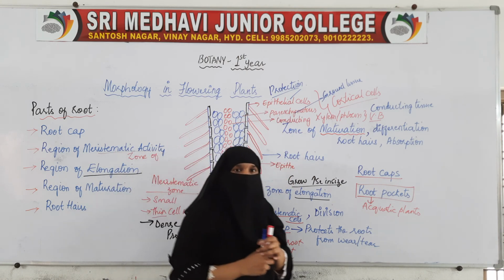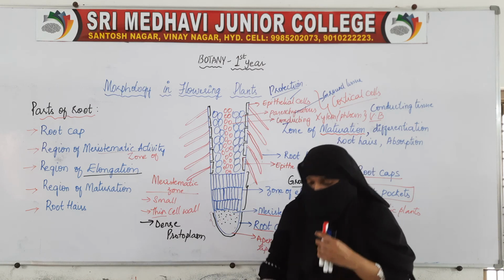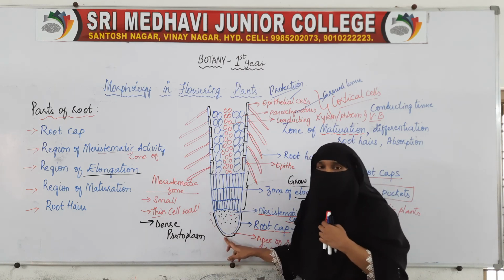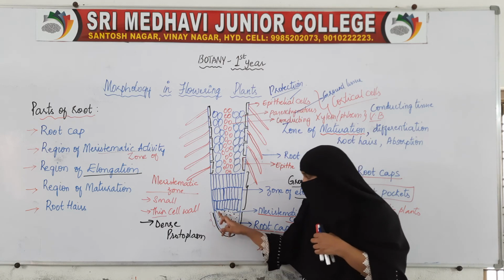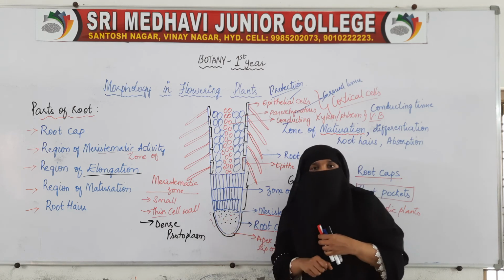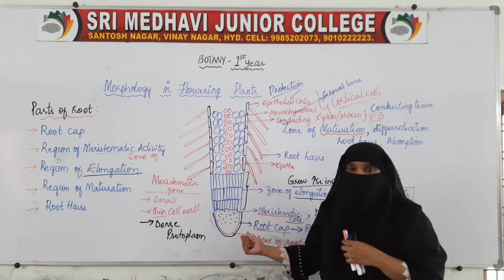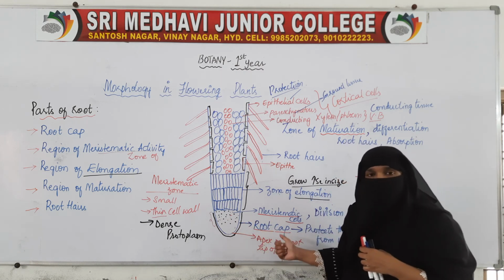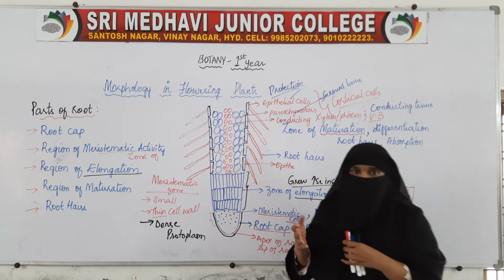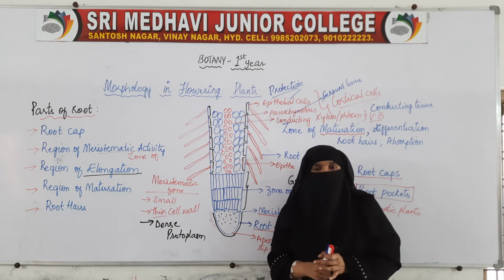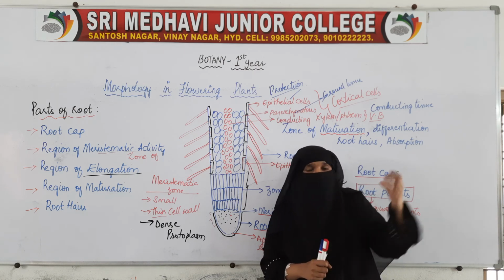So here these are the different regions or parts of the roots. The first part is the root cap. The root cap is present at the tip of the root. It covers the root and protects it from wear and tear. Terrestrial plants, the plants on land, have root caps, and plants which live in water have root pockets instead of root caps.